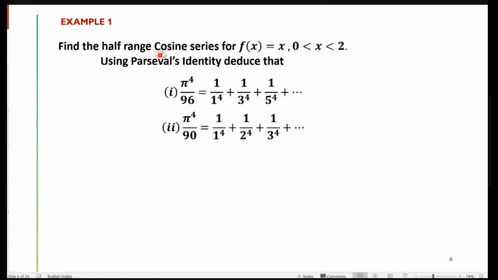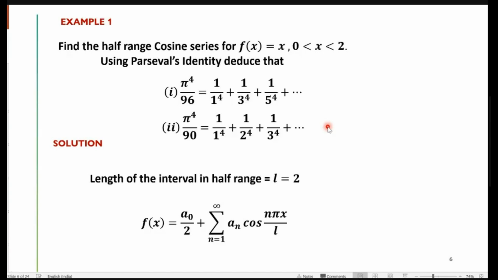So now calculate half range cosine series. तो क्या निकालना है? A0 और AN निकालना है. So calculating A0 and AN. So use the formula. पहले हमको जो हम लोग ने किया अभी तक वही करना है. उसके बाद we have to apply the Parseval's identity.